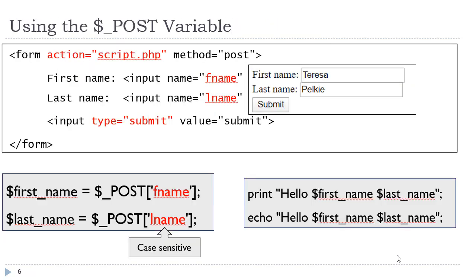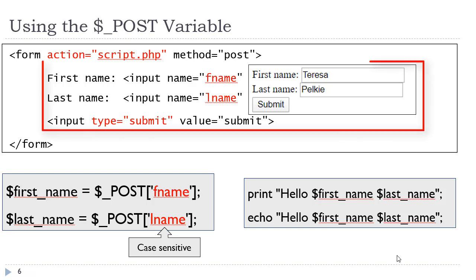So let's take a look at how we would use the $_POST variable. Here we have the same form. We have two text boxes. Name equals fname, name equals lname. I am entering Teresa Pelkie in these two text boxes.